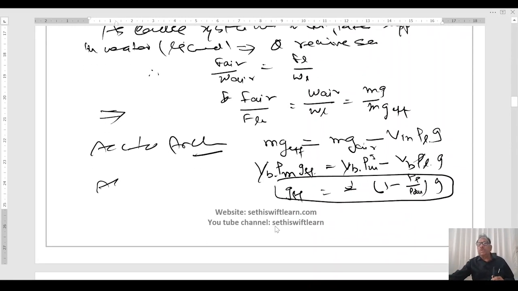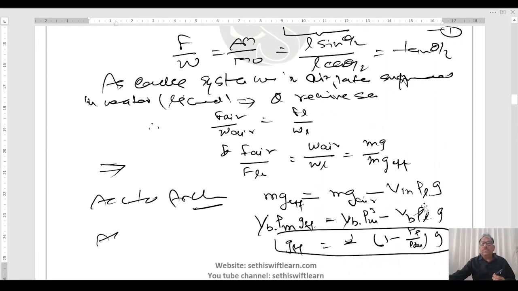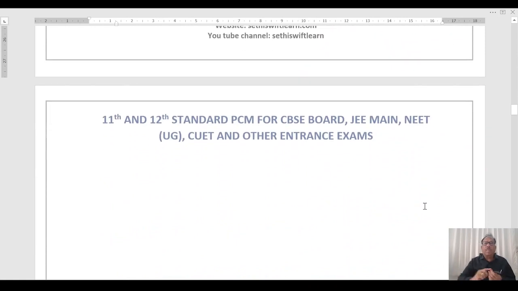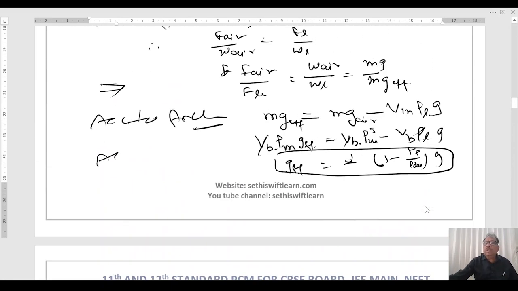Now substituting this. First F air, then F liquid. F air is 1 over 4 pi epsilon naught, Q into Q upon x square, say the separation is x, and F liquid is 1 over 4 pi epsilon naught, Q into Q upon x square into K. The separation remains the same because the angle remains the same. Equal to, what is this?